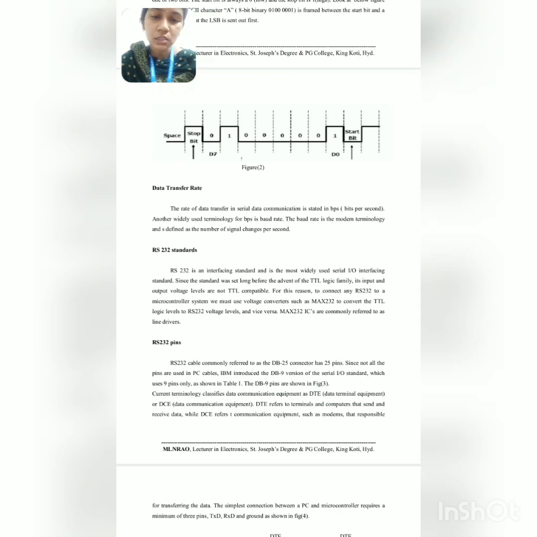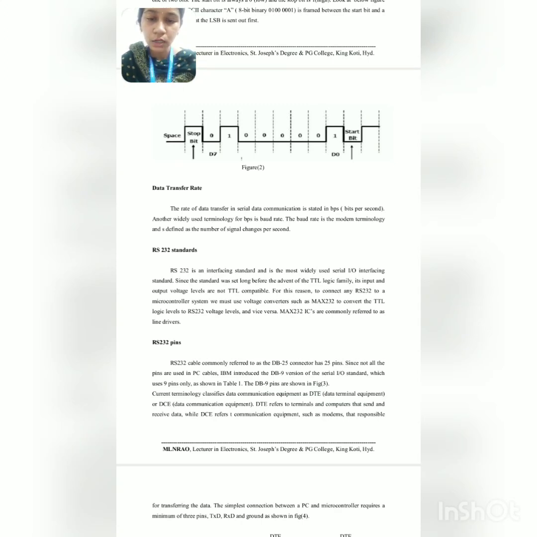For this reason, to connect any RS-232 to a microcontroller system, we must use voltage converters such as the MAX232 to convert the TTL logic levels to RS-232 voltage levels and vice versa. MAX232 ICs are commonly referred to as line drivers.